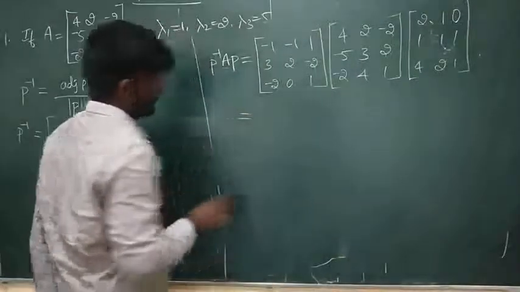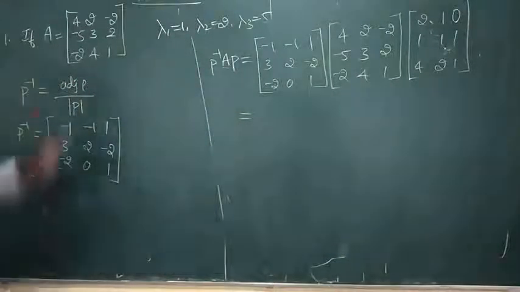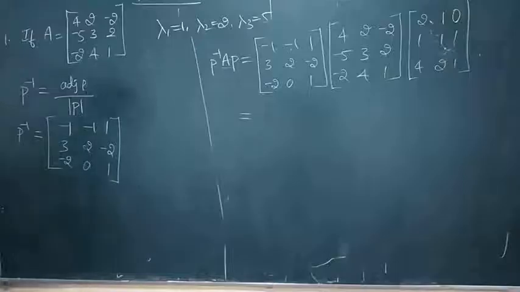If we get the diagonal matrix, then the given matrix is diagonalizable, or else that matrix cannot be diagonalized. Okay, multiplication.